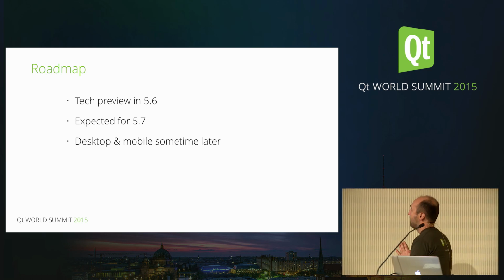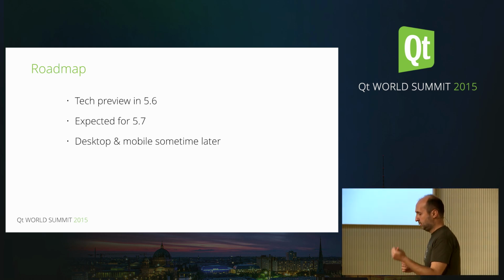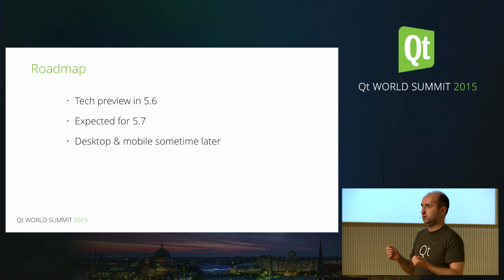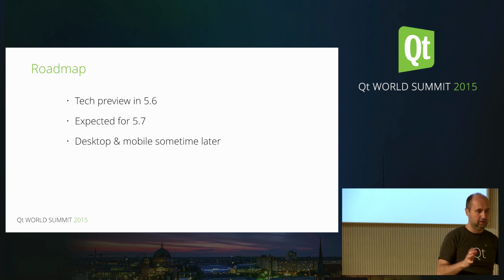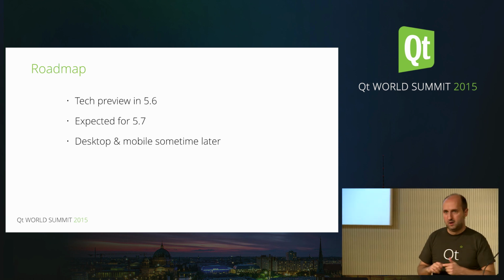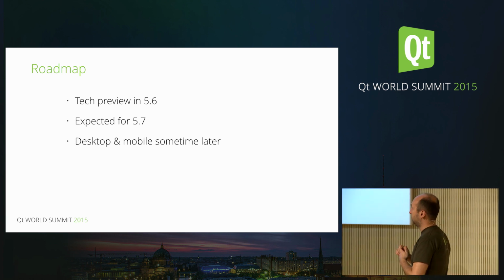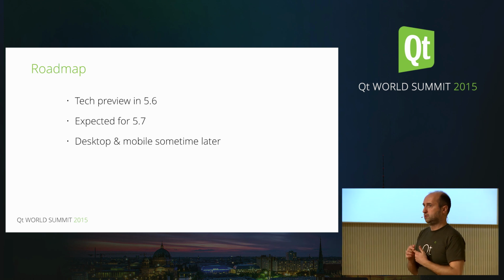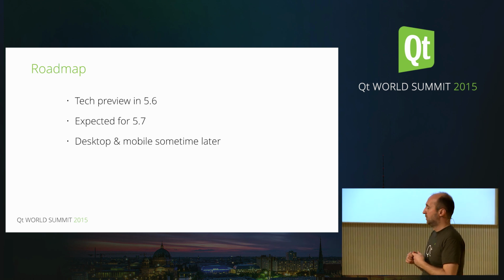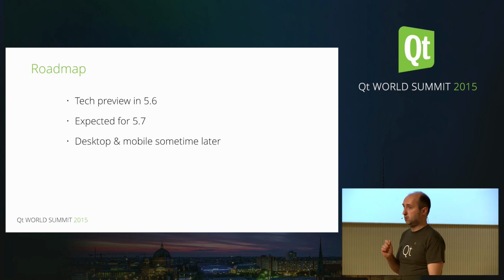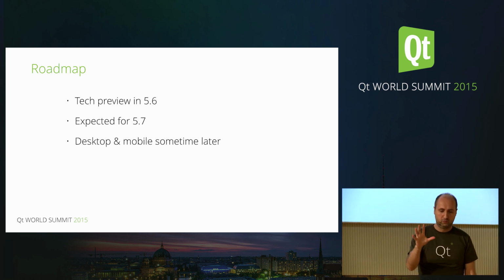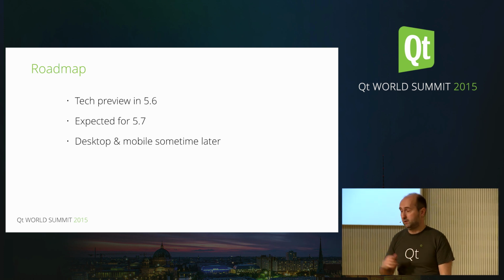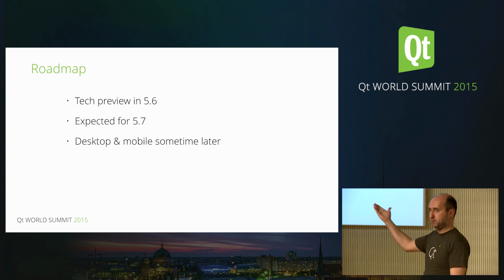The roadmap. As I said, the tech preview will have this QtLabs import in 5.6 when it comes out sometime late November, early December. We are hoping to get a finished product for 5.7. Most likely, we will target embedded only at that point. And we think that we can take this and also move it into the desktop and mobile space. Well, actually, it already works on desktop, as you just saw.